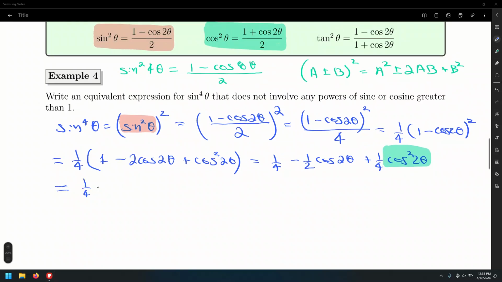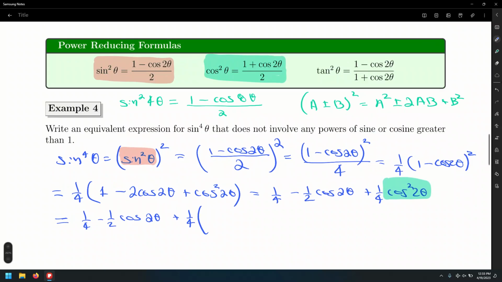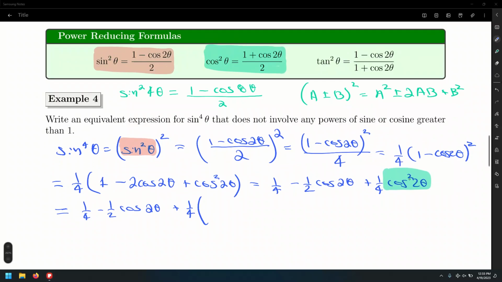1/4 rather, minus 1/2 cosine 2 theta plus, careful, 1/4 times the result of using the power reducing formula for cosine squared 2 theta. And we need to be very careful here. Number one, we're going to use the formula in green, 1 plus cosine 2 theta, the whole thing divided by 2, right?